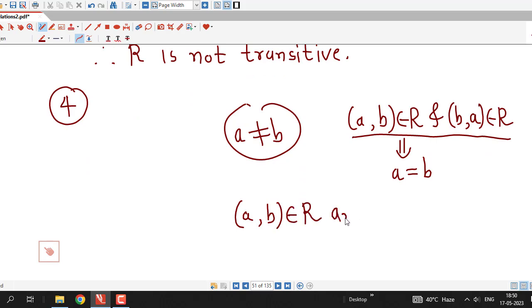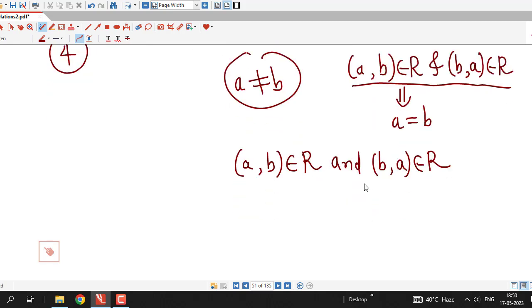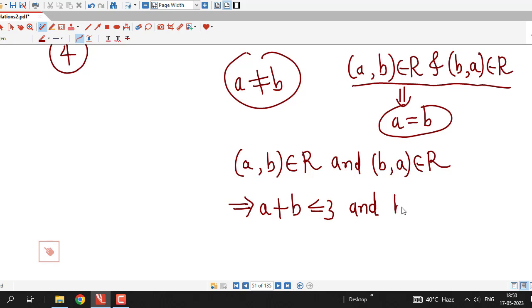Suppose (a, b) belongs to R and (b, a) belongs to R. We assume this, and we try to prove whether we obtain a equal to b or not. (a, b) belongs to R implies a + b ≤ 3, and (b, a) belongs to R implies b + a ≤ 3.